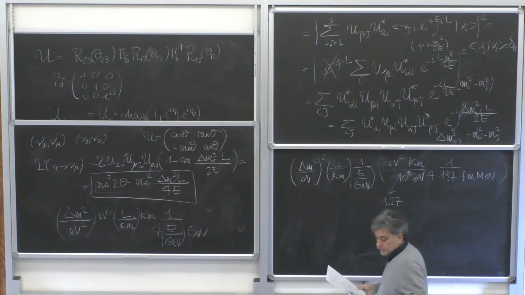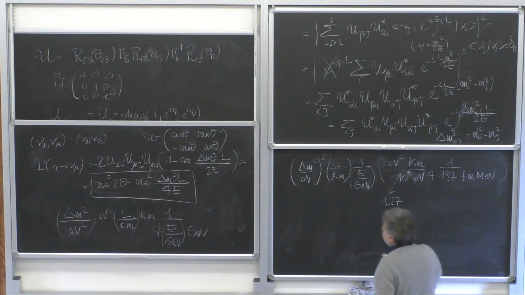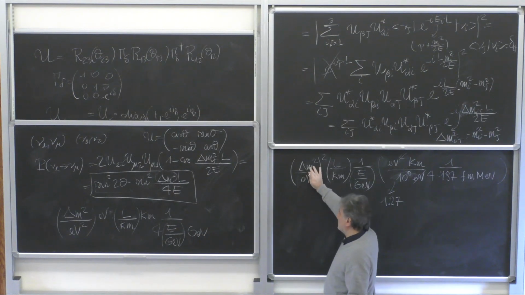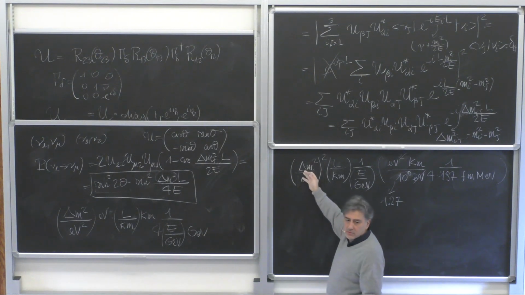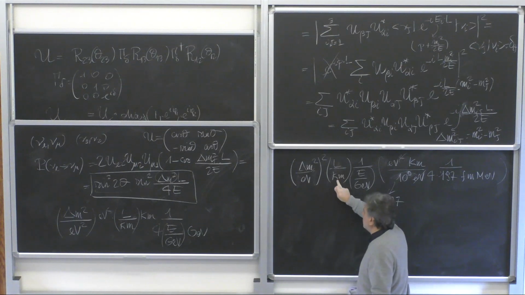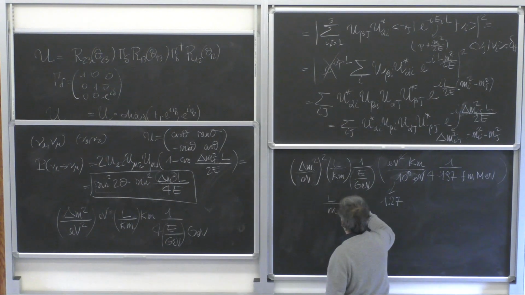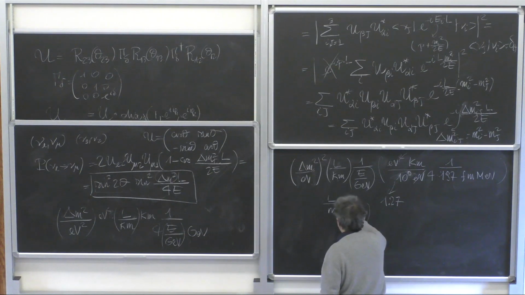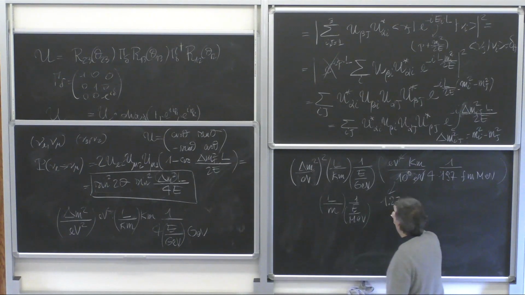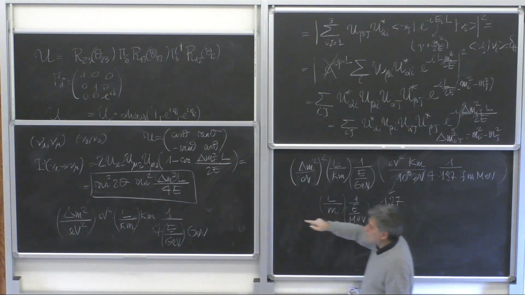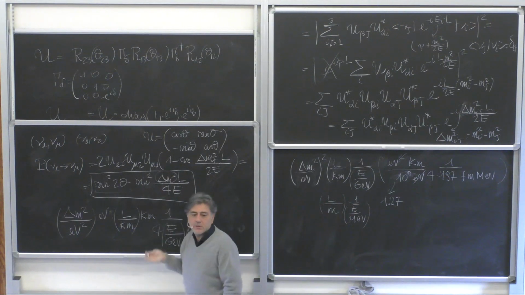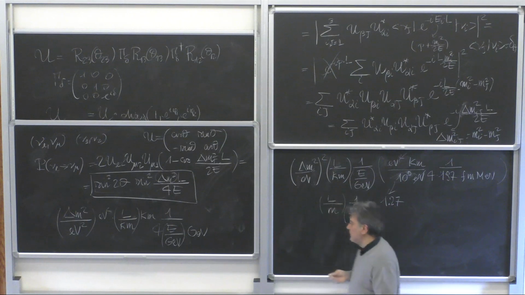So if you measure delta m squared in electron volt squared, length in kilometers and energy in GeV, or equivalently length in meters and energy in MeV, the numerical factor that you have to put here is 1.27, okay?